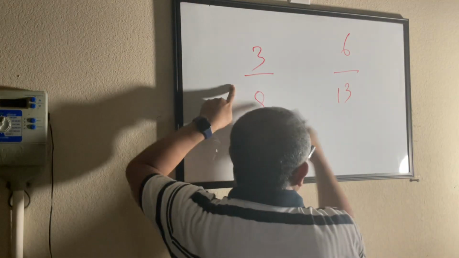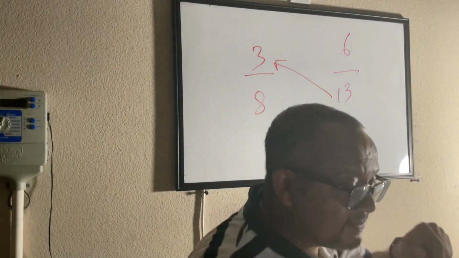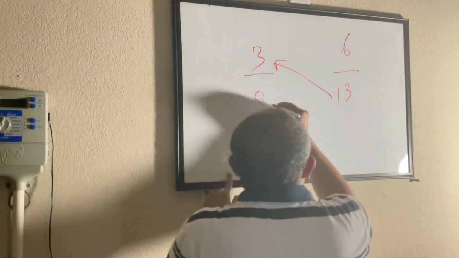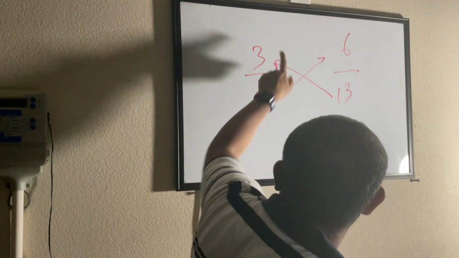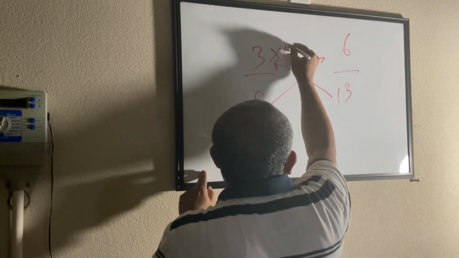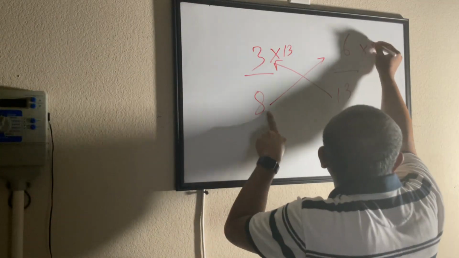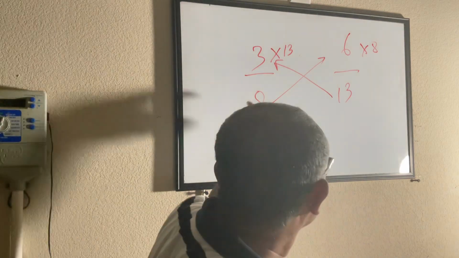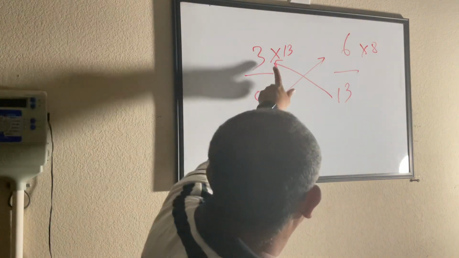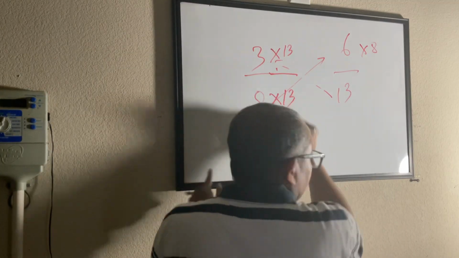The two fractions that we are going to compare, regardless of whether they are proper or improper fractions, this one's denominator goes to the top, meaning multiply by 13. And this denominator goes to the top here. The butterfly. Now since you multiply by 13 here, you have to divide by 13 also, otherwise you are changing the value.